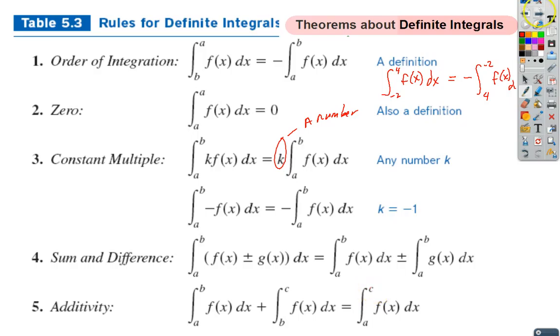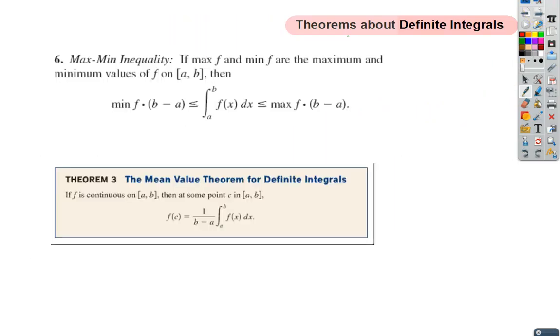Next set of rules is the min and max inequality. So let's pretend I have a function here, and I'm going to call this my f of x.